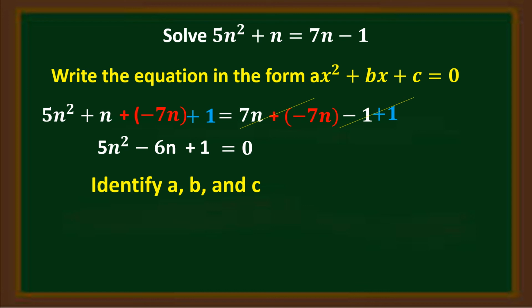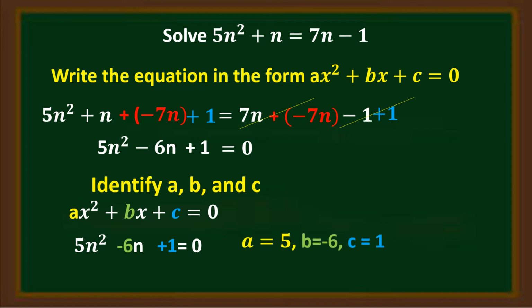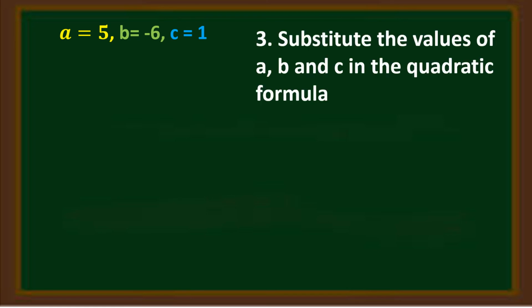We'll now be identifying a, b, and c. Based on our standard form ax squared plus bx plus c is equal to 0, we'll be getting the values of a, b, and c. In here, we can see that a is equal to 5, b is equal to negative 6, and c is equal to 1. We'll now be substituting the values of a, b, and c in the quadratic formula.